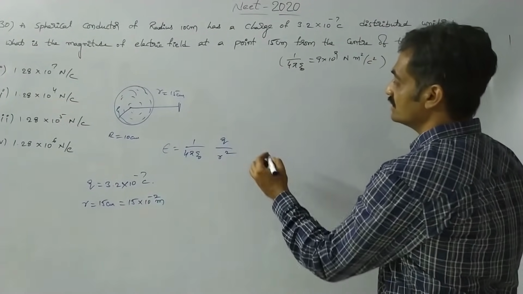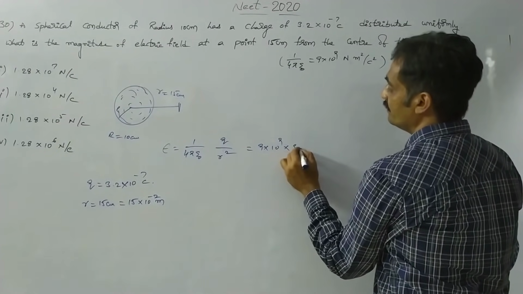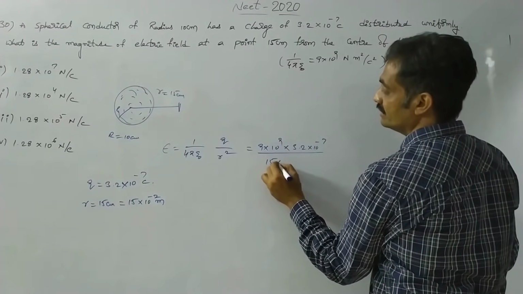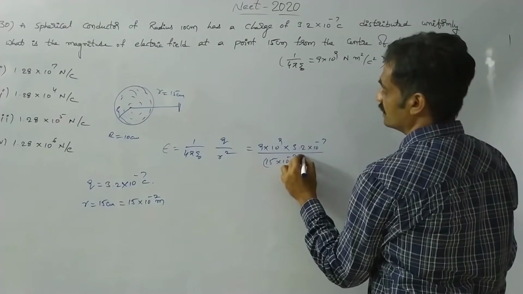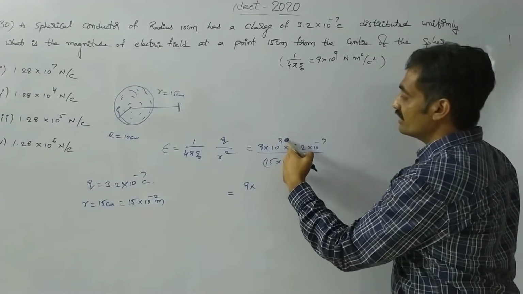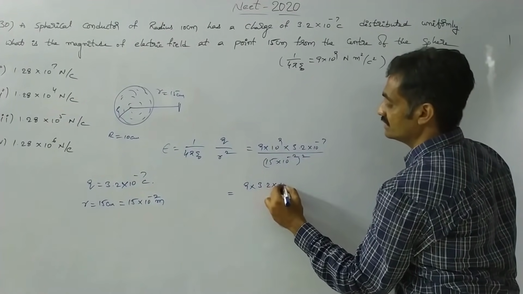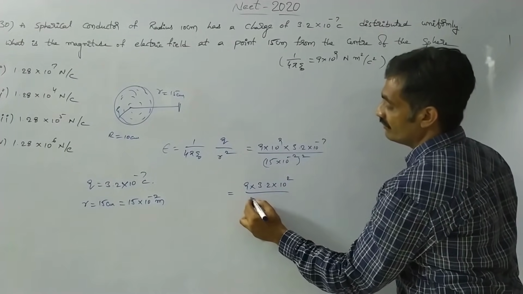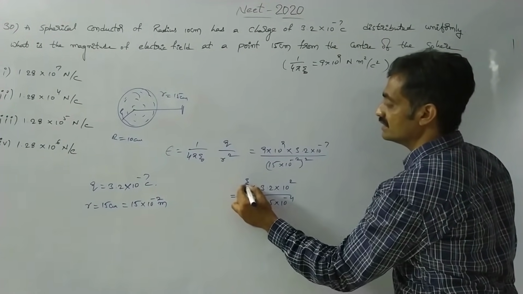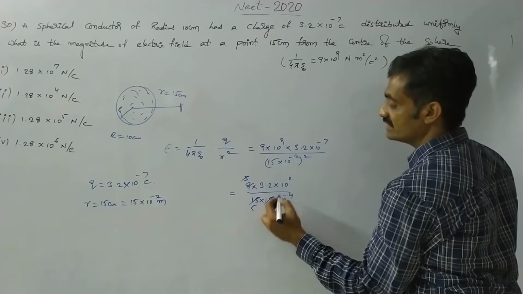If we substitute these values, we have 9 into 10 to the power of 9 into 3.2 into 10 to the power of -7 by (15 into 10 to the power of -2) whole square. So we can write it as 9 into 10 to the power of 9 minus 7, nothing but 10 to the power of 2, 3.2 into 10 square by 15 into 15 into 10 to the power of -4. You know that 3 3s are 9, 3 5s are 15, again 3 1s are 3, and 5 3s are 15.